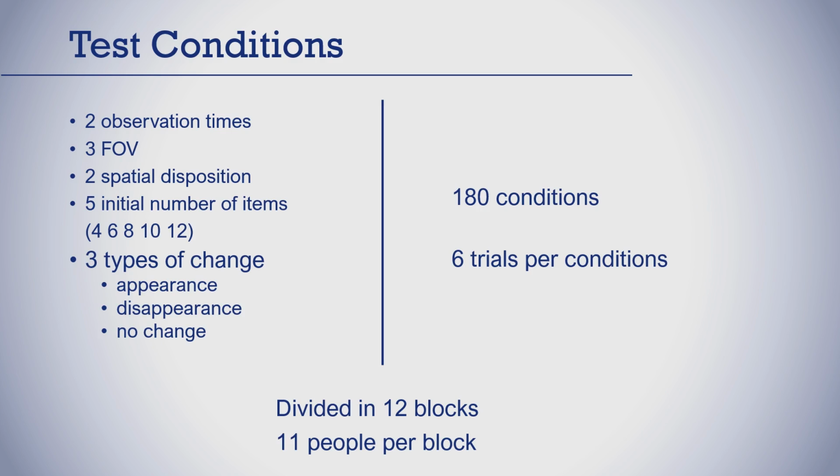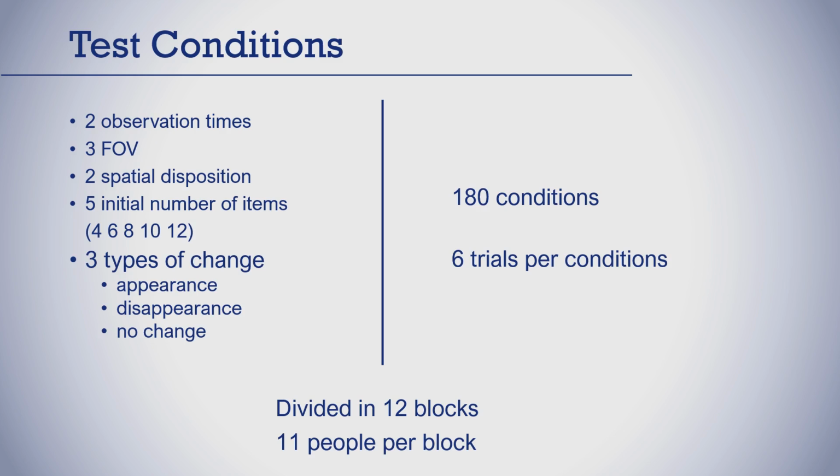So, we considered 5 parameters: 2 observation times, 3 fields of view, 2 spatial dispositions, 5 numbers of items, and 3 types of change, which were appearance of an object, disappearance of an object, and no change, which was the control condition, actually. So in total, we had 180 conditions, and for each condition, we had 6 trials.